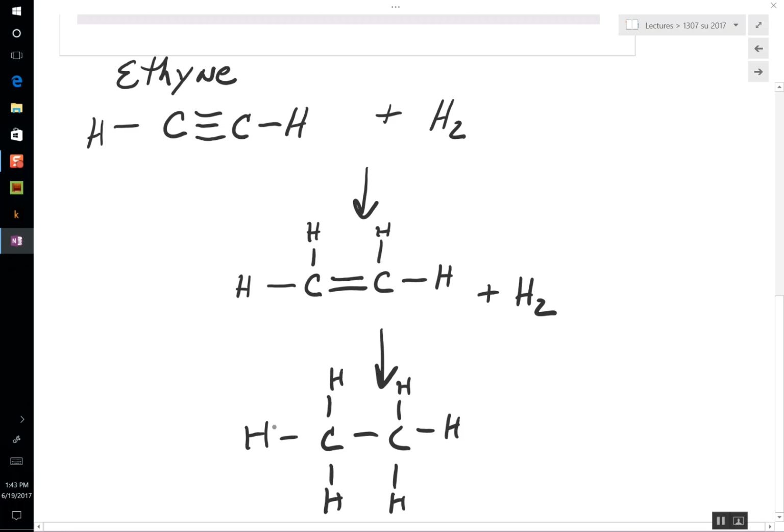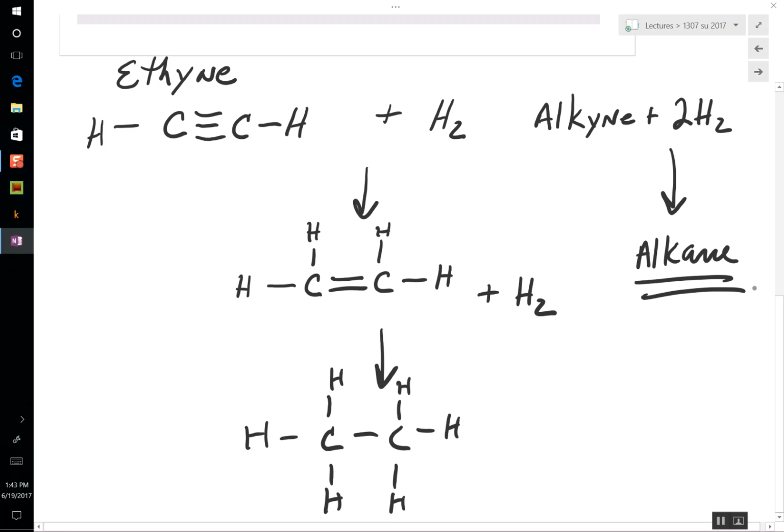An alkyne takes two molecules of hydrogen to get to an alkane, to totally saturate it. Just one molecule of hydrogen will only eliminate one of the bonds.